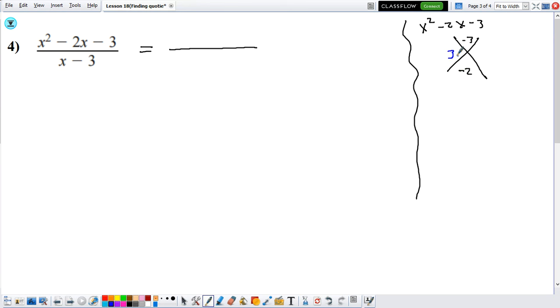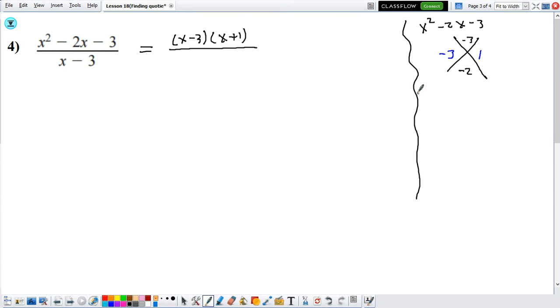Well, 3 times 1 gives me 3, but I want negative 3. So I'm going to put the negative here, because negative 3 times 1 is negative 3, and negative 3 plus 1 is negative 2. So I found my factors, so I can rewrite the numerator as x minus 3 and x plus 1.